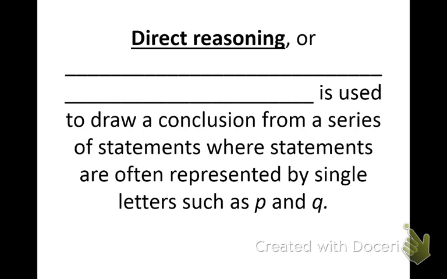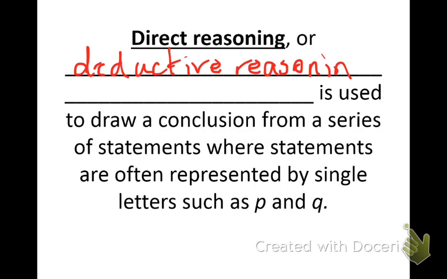Direct reasoning or deductive reasoning is used to draw a conclusion from a series of statements where the statements are often represented by single letters such as P and Q. Deductive reasoning.